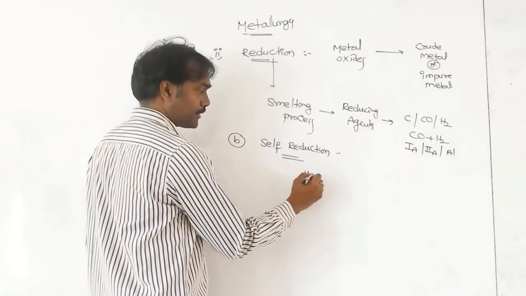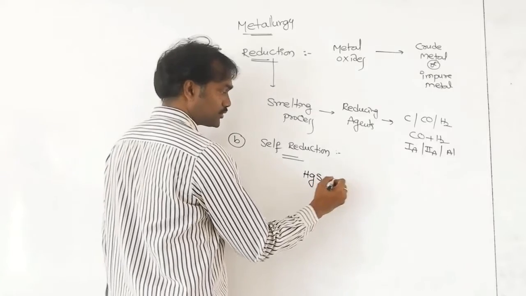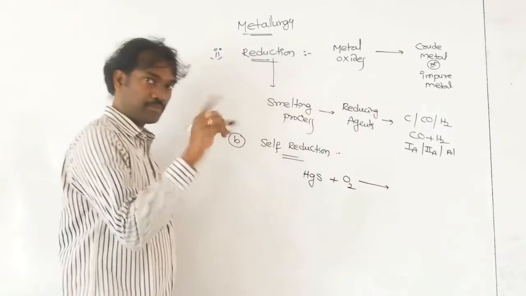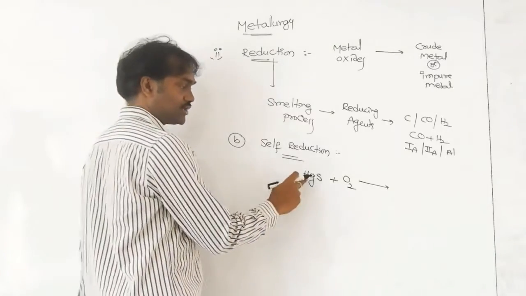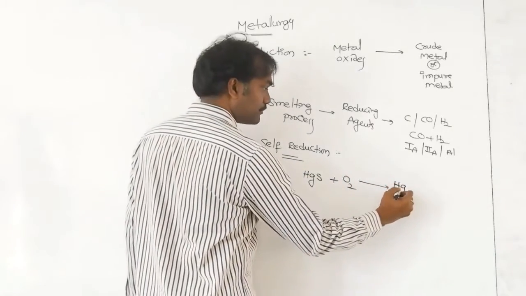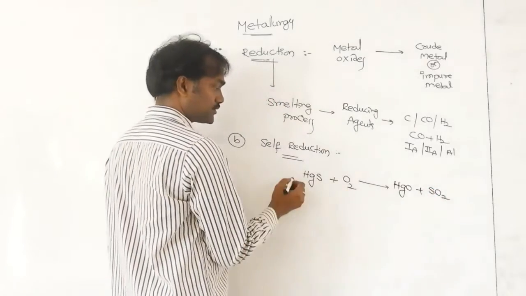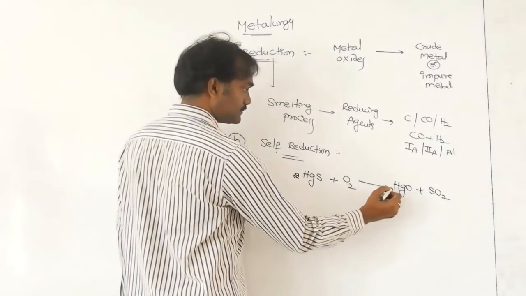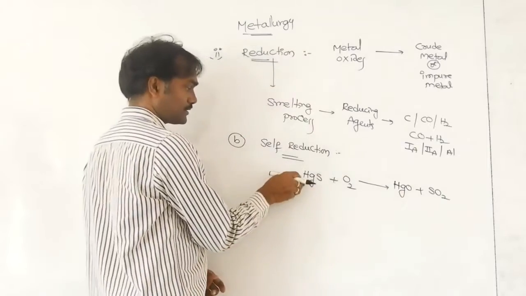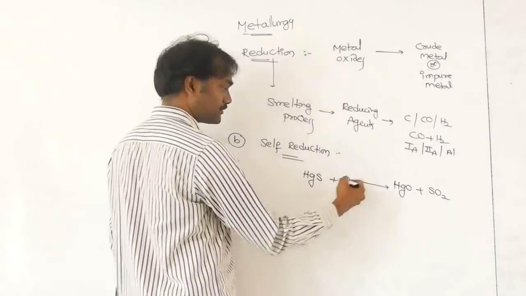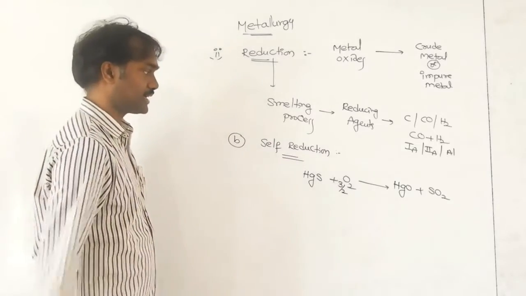You take mercury sulfide, and it is treated with oxygen. What happens in the previous oxidation process? Mercury oxide and SO2 form. Suppose you take 2 moles, so how many oxygens? 2 plus, so 3 by 2 oxygen you can take.